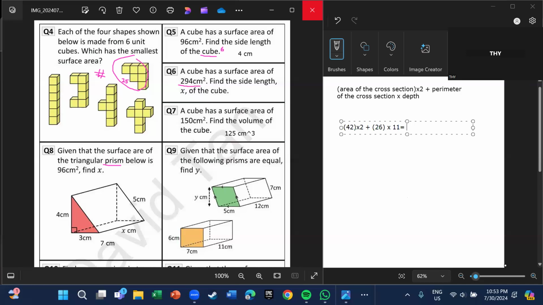So this will give us 84, and here will be 286.